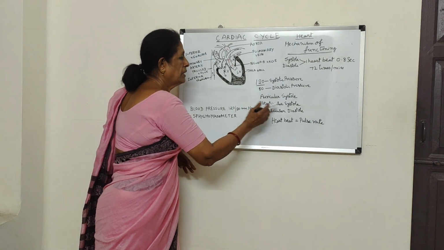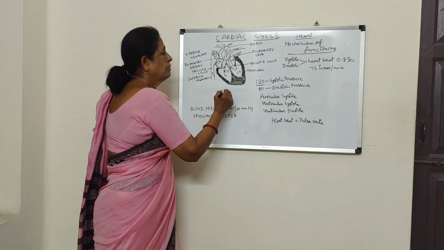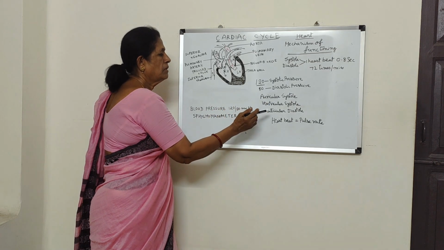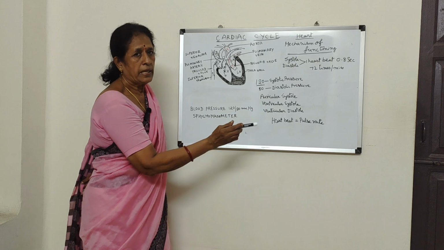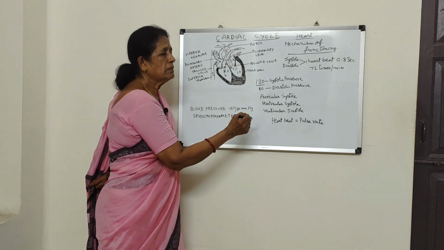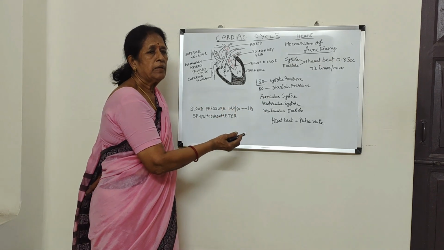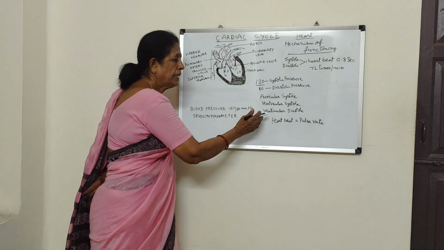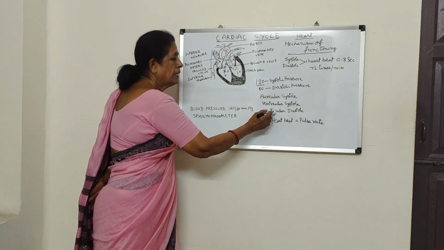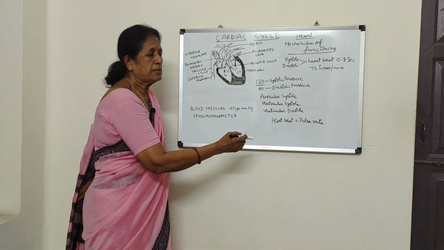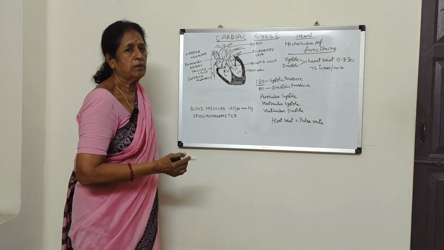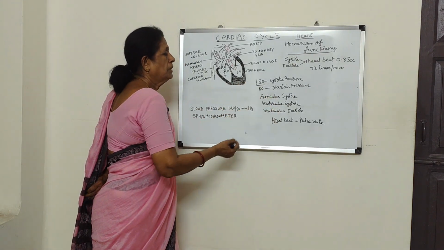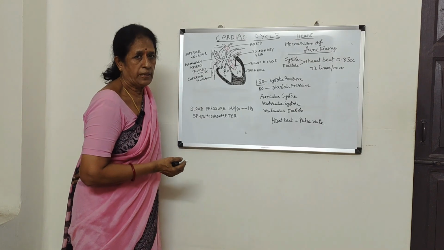So these are the 3 steps: auricular systole and ventricular systole, the contraction phases, and ventricular diastole, the final stage, when the ventricles expand. That is how the circulation takes place.